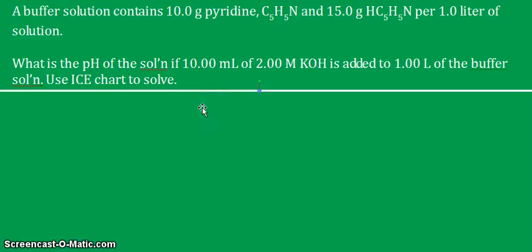Now you have to use the ICE chart to solve, which means initial, change, and equilibrium, which we also used in the previous video. So we will now try to see what happens when a base, specifically a strong base, is added to the buffer. Will it rather increase or decrease the pH of the buffer solution?